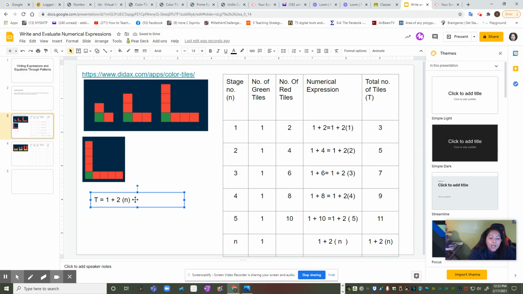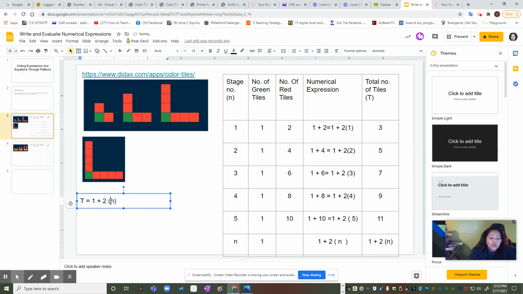So let's say I would like to know how many tiles there are for stage 50. So stage 50, that means n is equal to 50. So I'm going to use our equation. Total number of tiles will be equal to 1 plus 2 times the value of n.